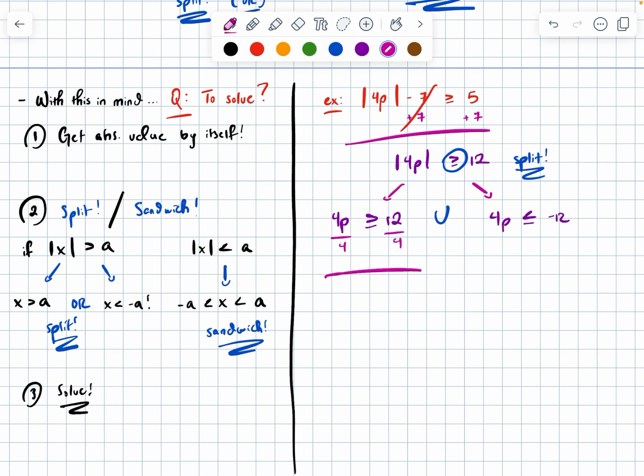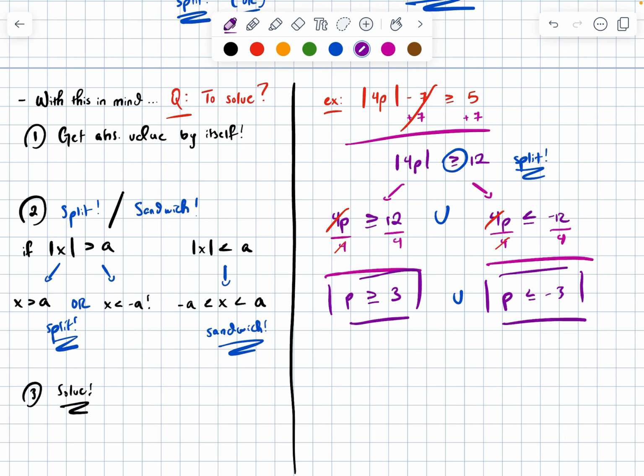Let's divide both sides by 4. 4 divided by 4 gives me just 1. 12 divided by 4 is 3. So p could be greater than or equal to 3 on the left, or on the right, if I divide both sides by 4 again to isolate my variable, I would get that p could also be less than or equal to negative 3. Nice.